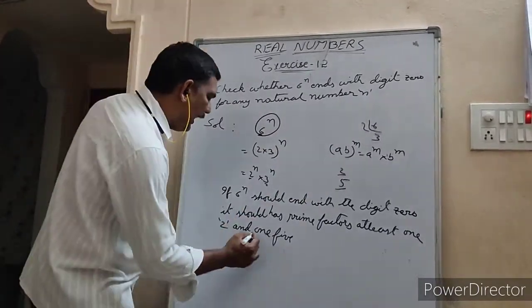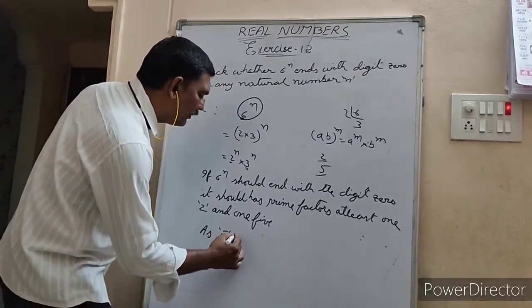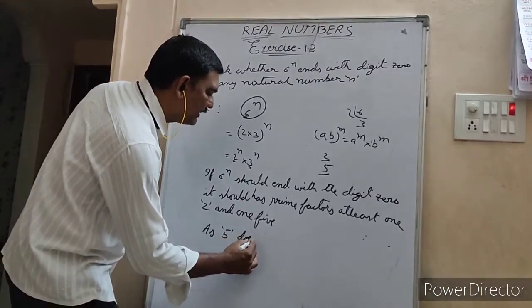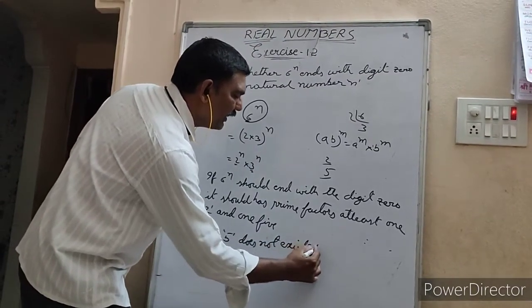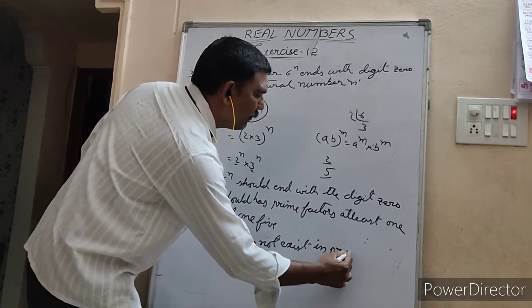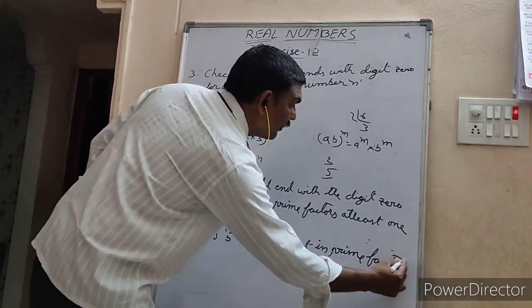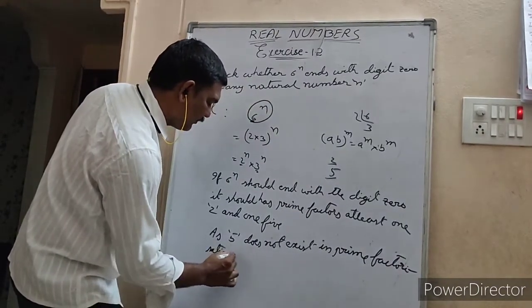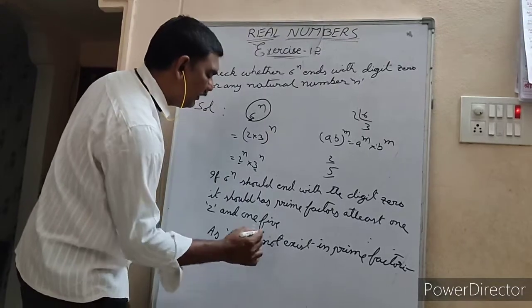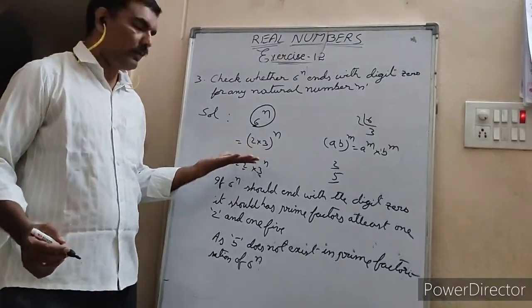So here, as 5 does not exist in the prime factorization of 6 power n, in 6 power n prime factorization 5 is not there.